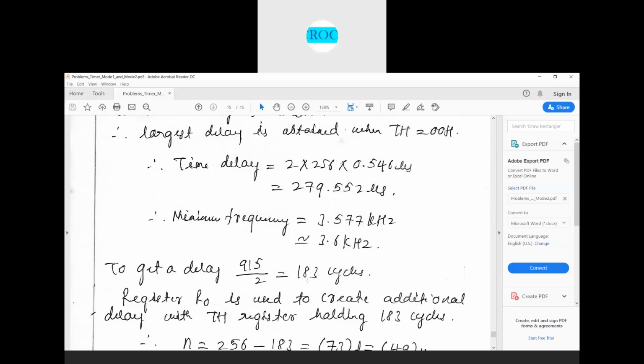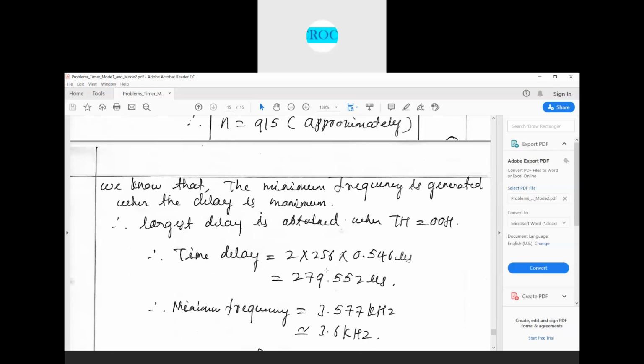Now I make sure that this count is executed 5 times. If I do 183 into 5, how many clock pulses do I get? 915. The delay we get because of these 915 clocks will be sufficient to generate a frequency of 1 kilohertz.